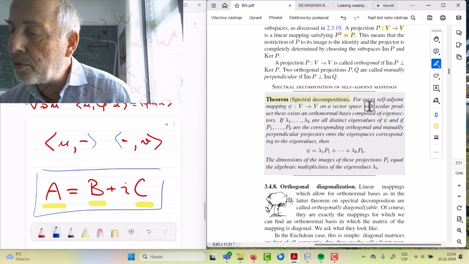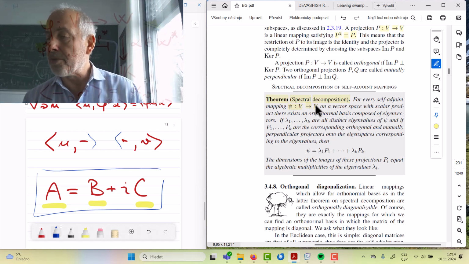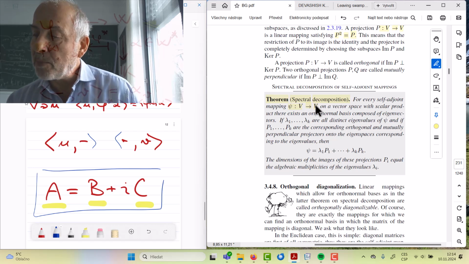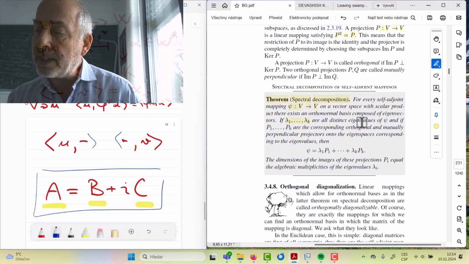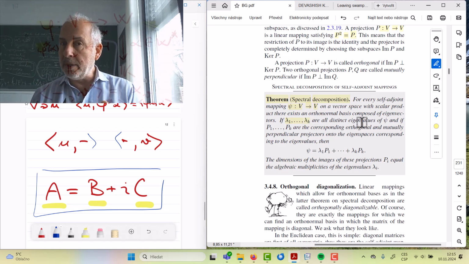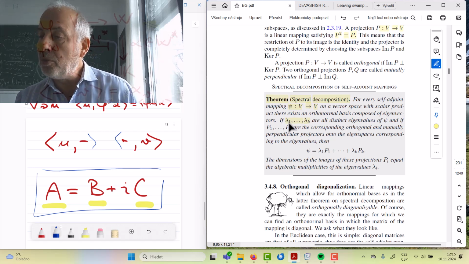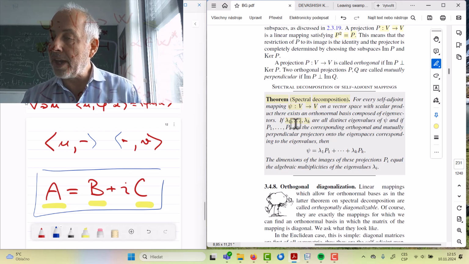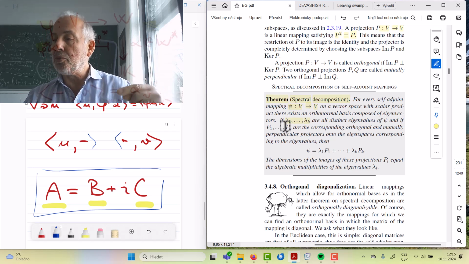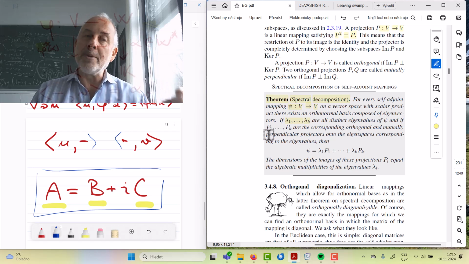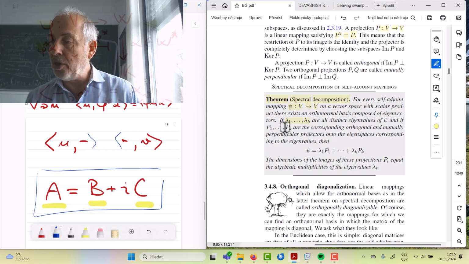So it says that if you have a self-adjoint mapping on a unitary space or on a real vector space with scalar product, then if you take the distinct eigenvalues, so the spectrum of the mapping, so we don't care about the multiplicity, and we know already that in the self-adjoint case, the dimension of the space of eigenvectors to each of those values will be the same as the multiplicity of the eigenvalue as a root of the characteristic polynomial.